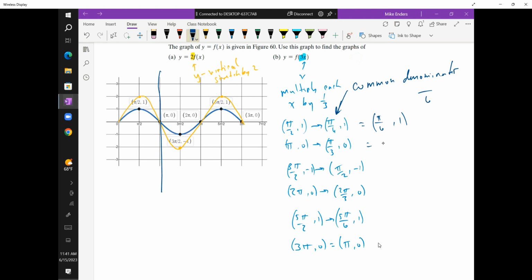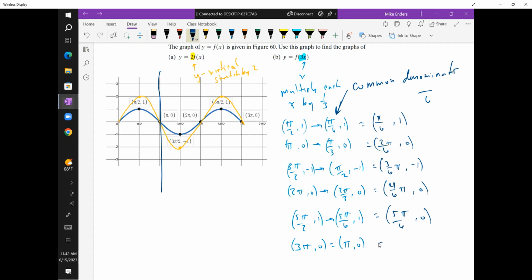This would be, let's see, pi over 3, so over 3 would be 2 sixths. This 1/2 would be the same as 3 sixths. 2/3, if I want sixes, would be 4 sixths. 5 sixths would just stay the same, so that's going to stay the same as 5 pi over 6.